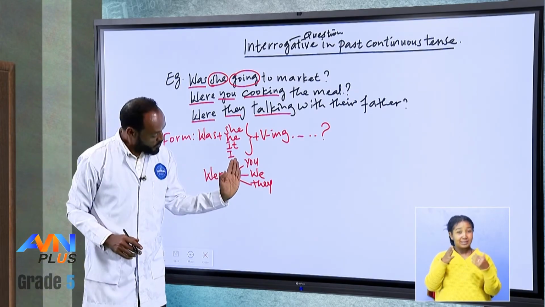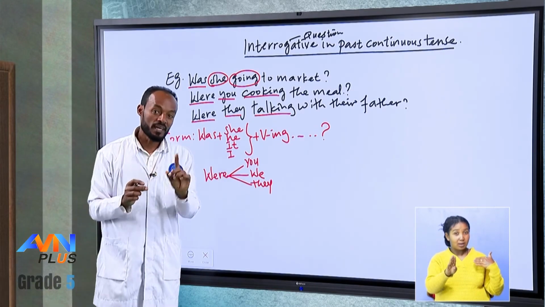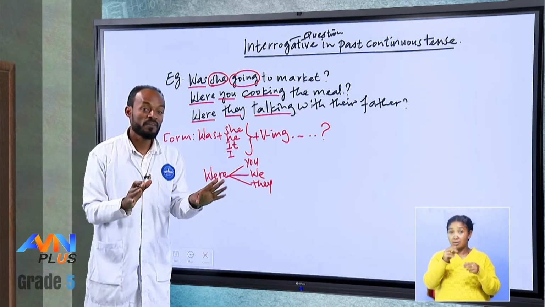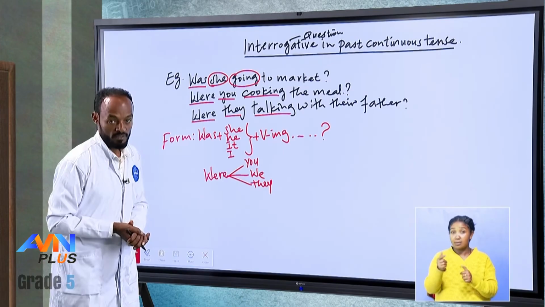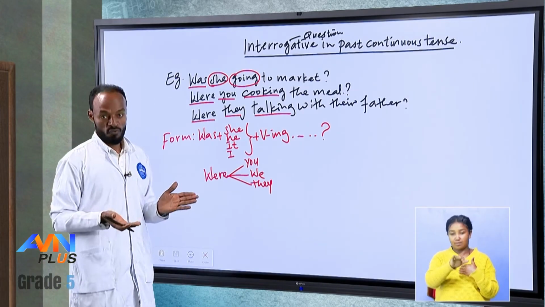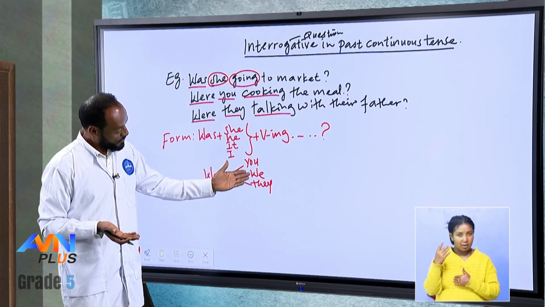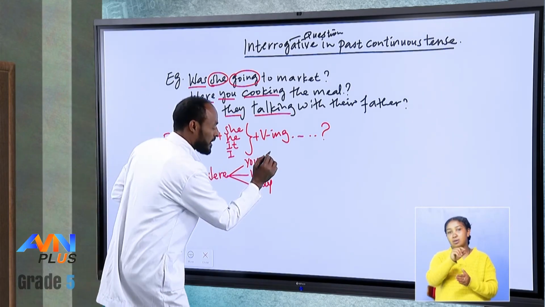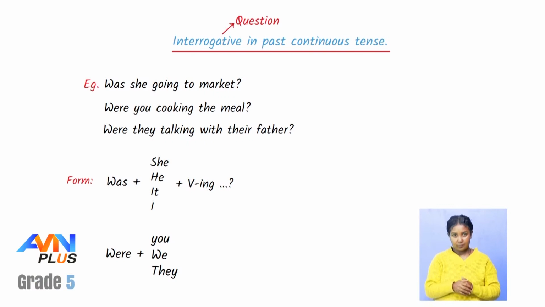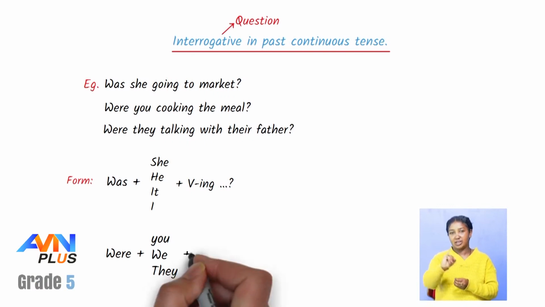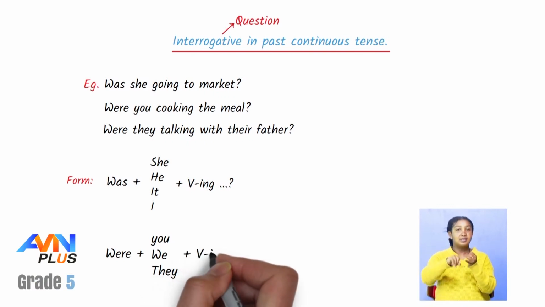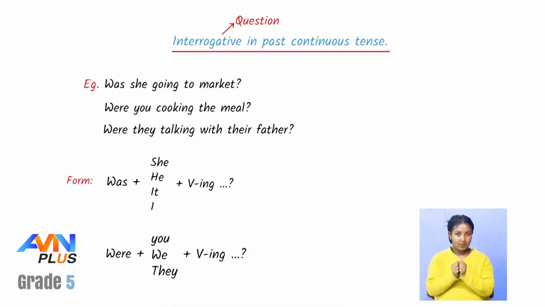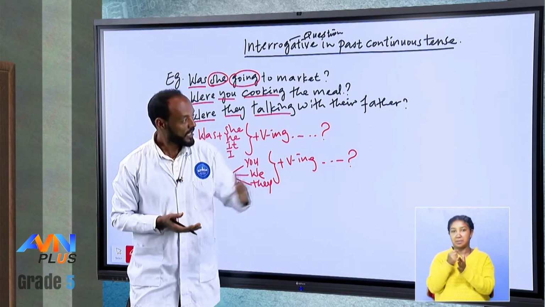The subject should start with a small letter if they are not a noun, and if they are not the name of a person or the name of a country and so forth. If they are personal pronouns, we have to start with a small letter. Then plus verb ing, and at the end of such a sentence there should be a question mark. Here are the examples. I hope it's clear.